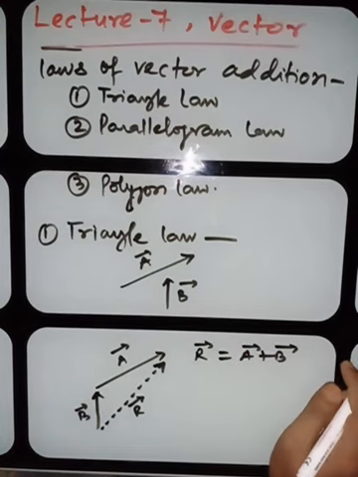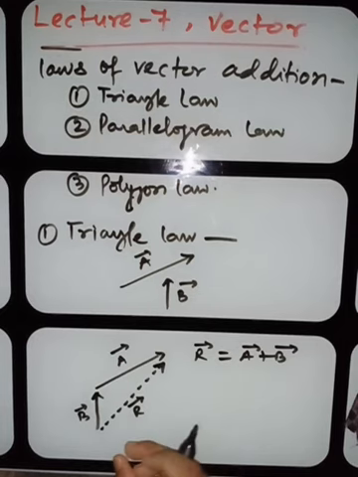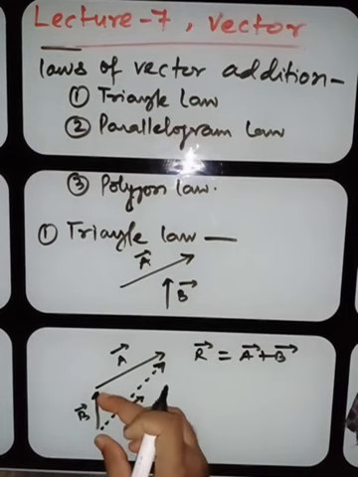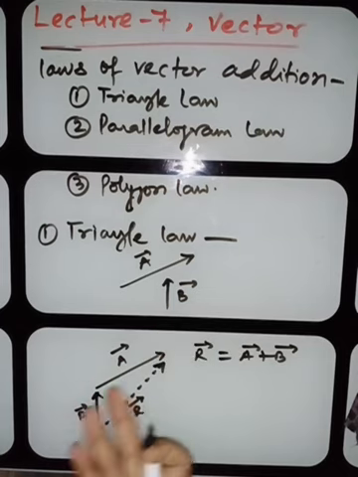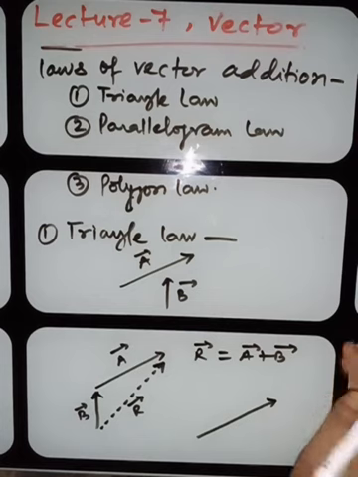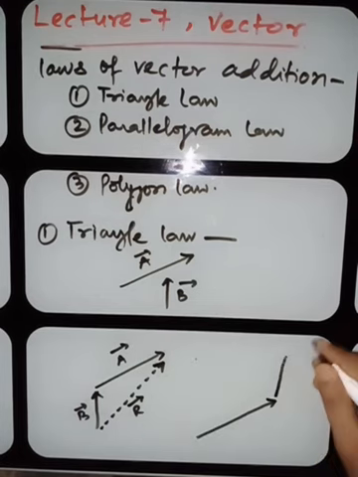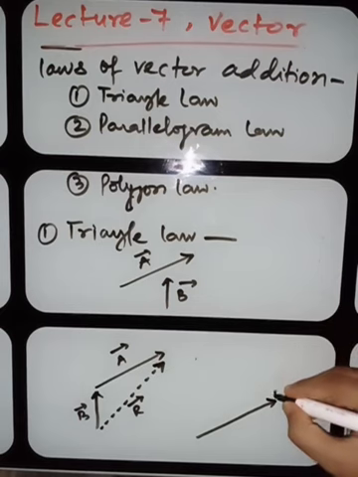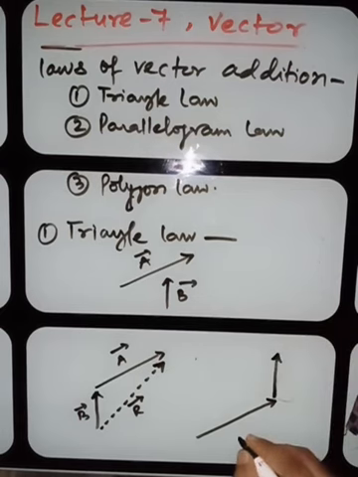Now a student can ask me, sir, is it necessary to put this B over here? Can we put this B over here also, although it is in the same direction, in the same flow? Yes, my dear students, you can put that B over there also, like this. If you put B here, this will also be the same.